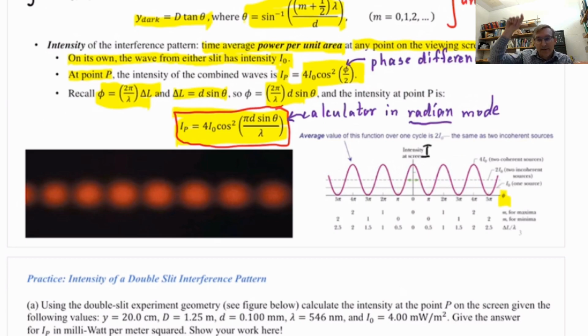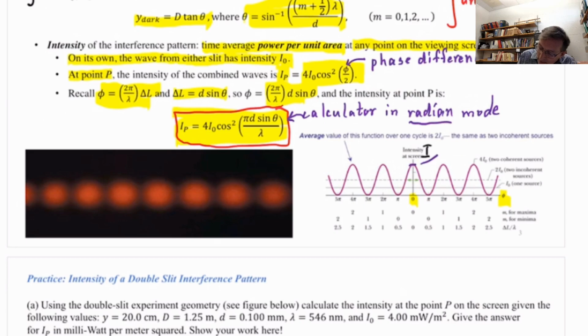Imagine point P moving from the central point up or down. So if phi is 0, for example, phase difference is 0, then the path length difference is 0. The point P must be right at that midpoint. And we have a maximum, a bright fringe, and we get the maximum intensity there.